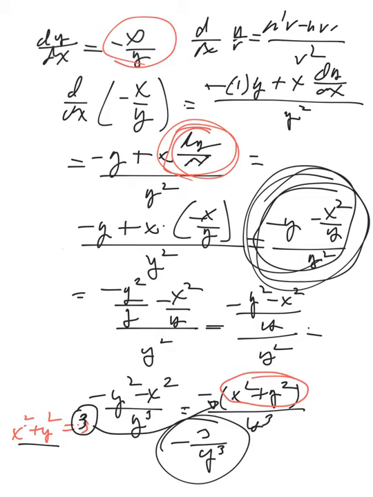X squared over y plus y over y squared. So this is choice E, I guess you would call it, the fifth choice. Once you factor out the negative sign, you pull the negative out and you get x squared over y plus y over y squared. That looks like one of the answers there.